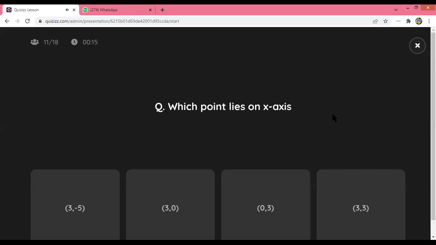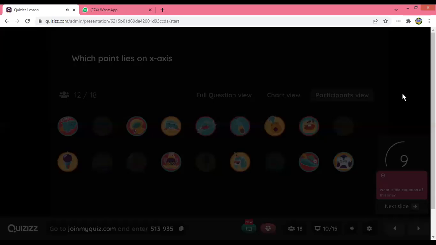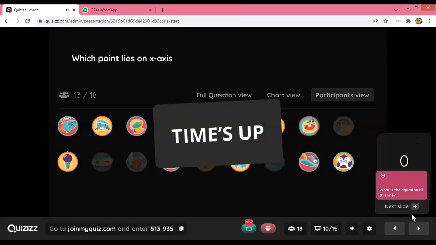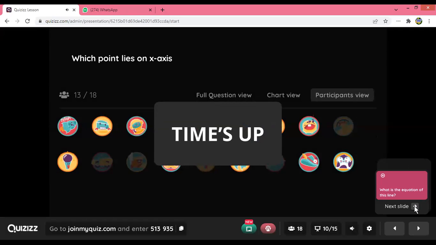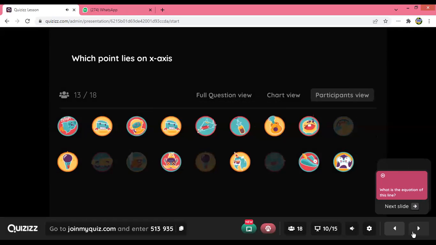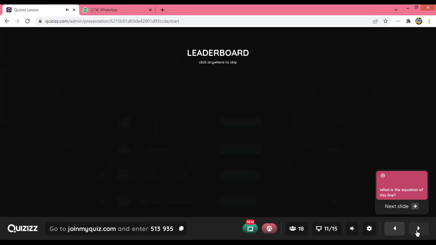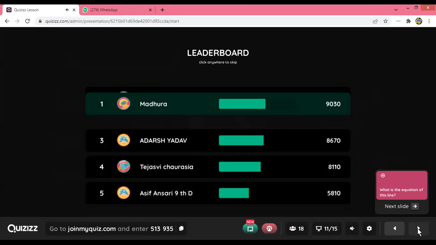So which among the choices has the y coordinate to be 0? 5 more seconds. Please try. Third choice, 3, 0 or something. Right? The y coordinate will always be 0. Let's look at the next question.